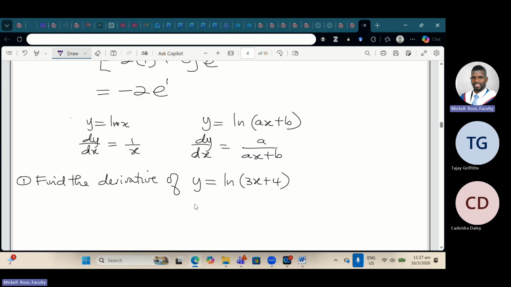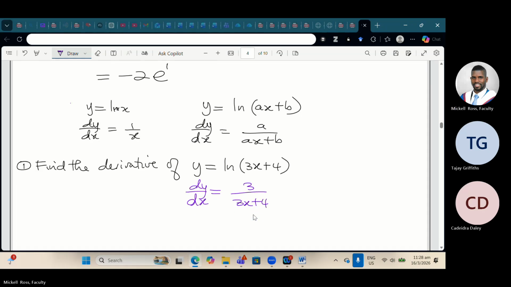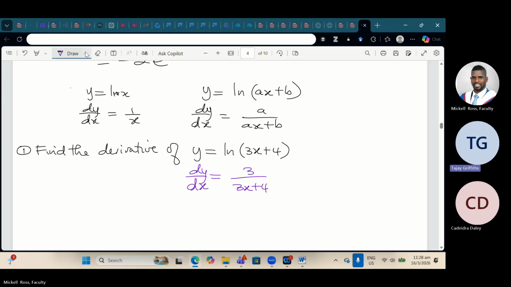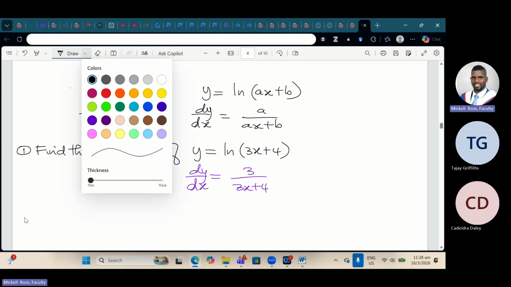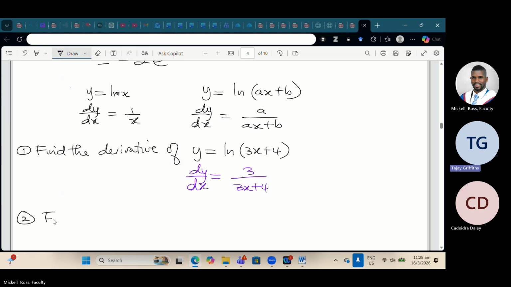All right, so we should get that dy dx is going to be equal to 3 over 3x plus 4. Did we get that answer? Oh, yes, sir. Okay.